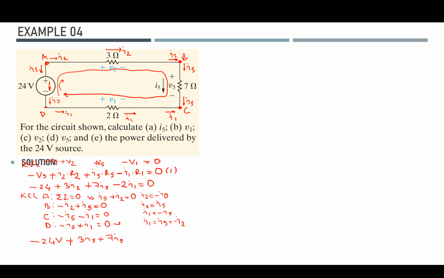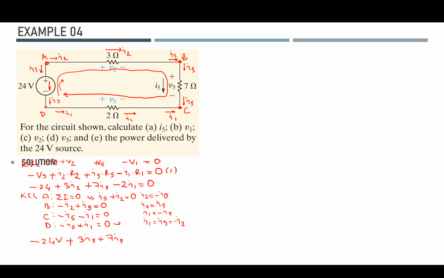Then I will also use my equations from the last part. I know that I1 equals to minus I5.